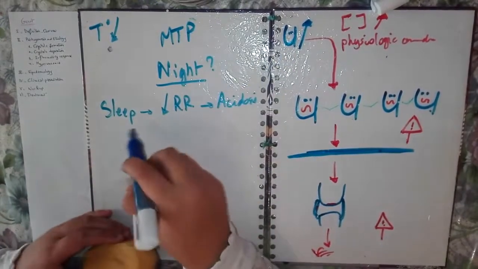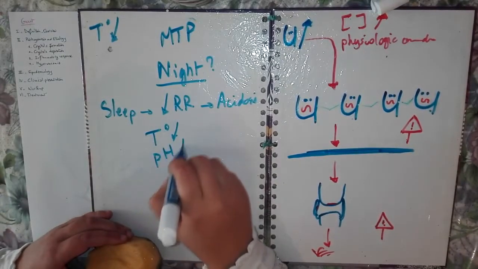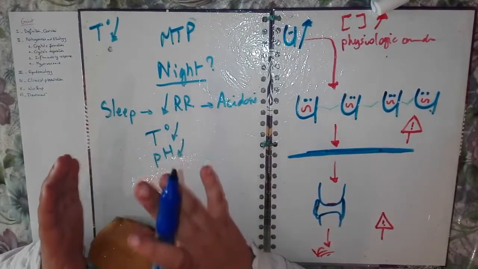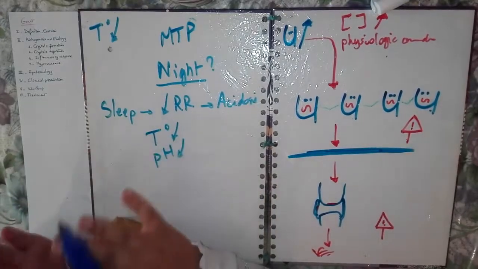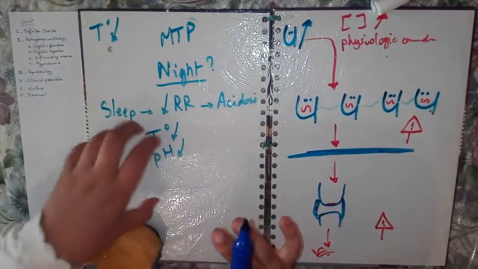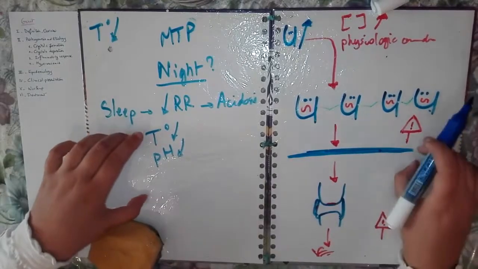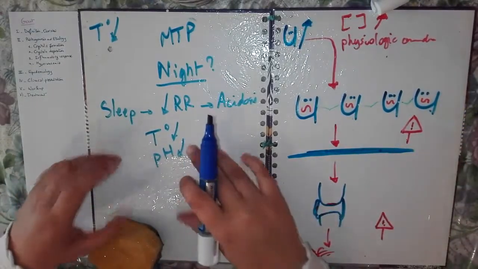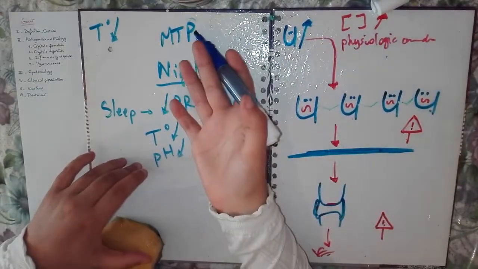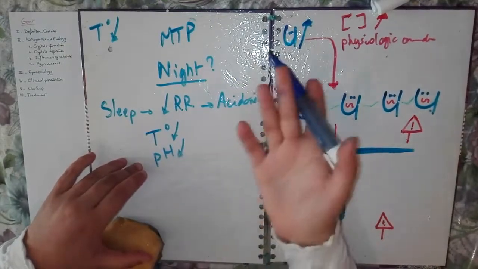This information about low temperature and low pH: there were in vitro experiments that have proven that these factors are incriminated in crystal formation, and epidemiological studies have also shown that the MTP is almost always involved, and nighttime also.